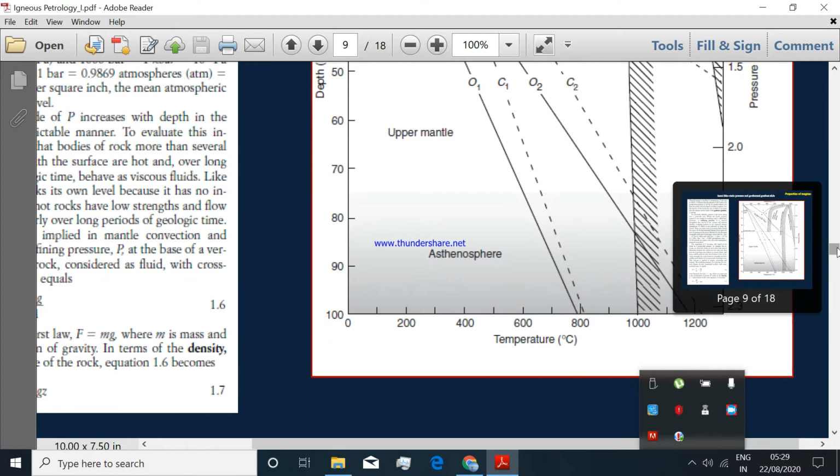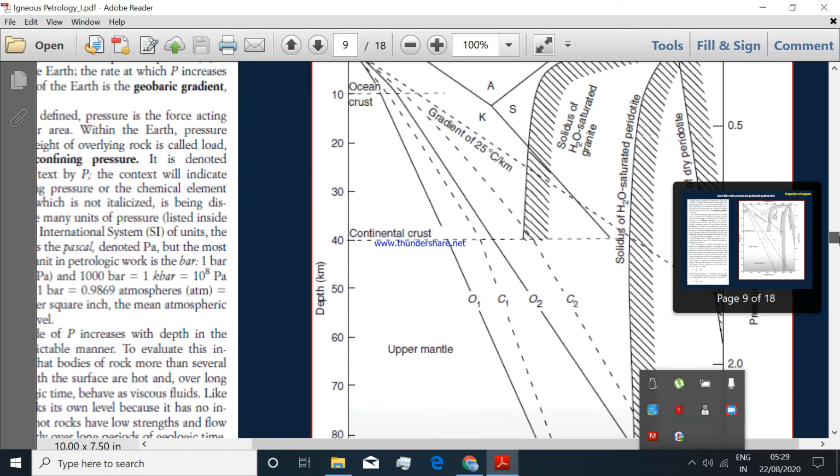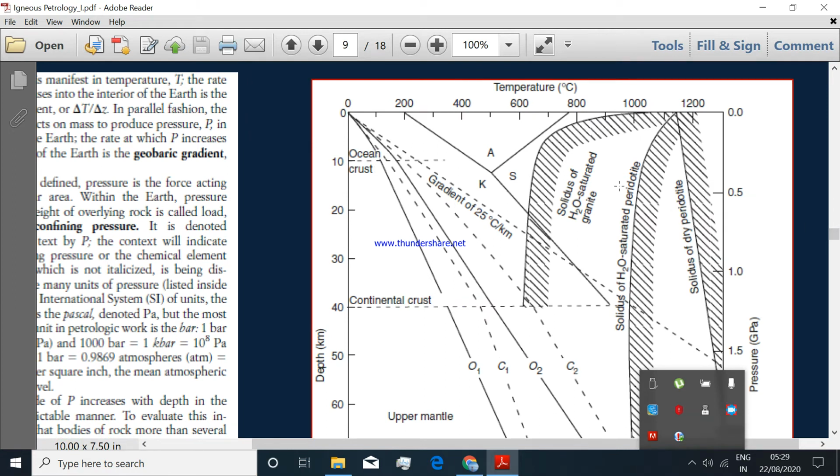Now we try to analyze this situation. As we have already seen, the solidus of the H2O saturated granite has a lower temperature than the solidus of a granite which is not saturated with H2O. Why does this happen?